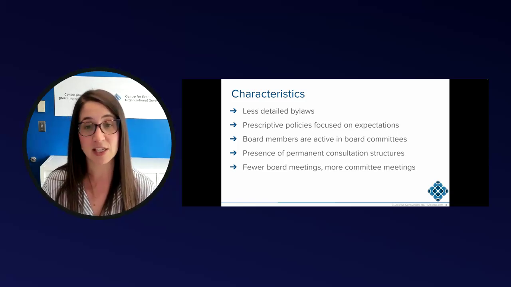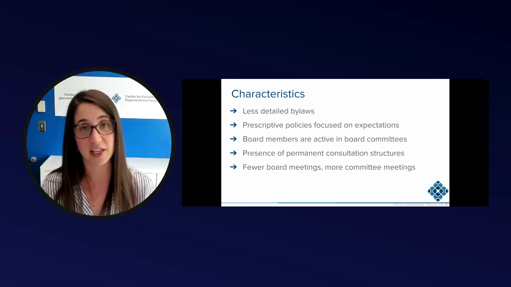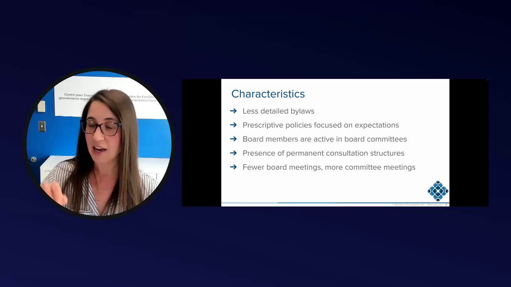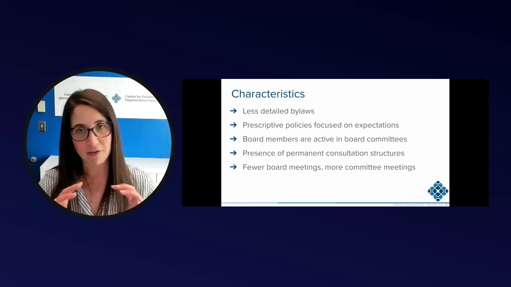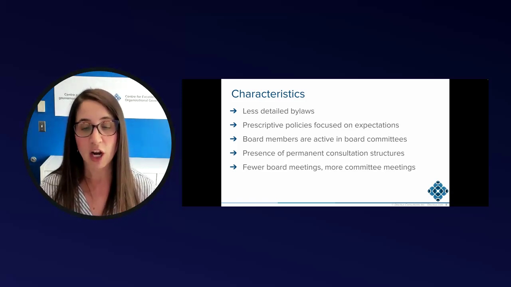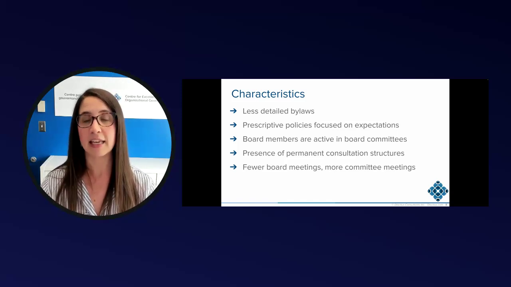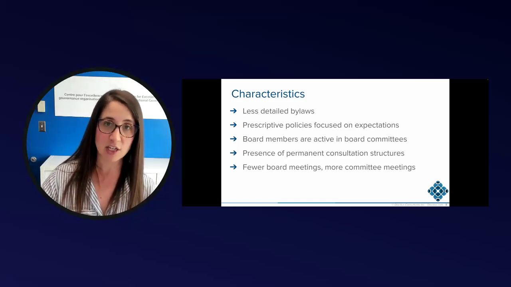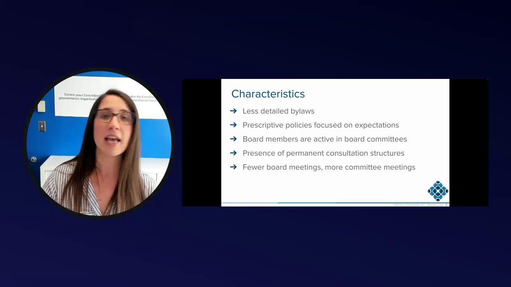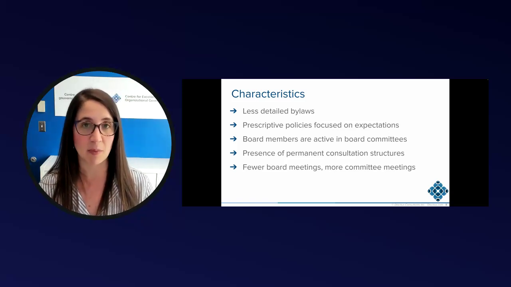There's usually presence of permanent consultation structures in these organizations. So I like to describe it as a feedback loop. So structured ways of soliciting and getting feedback on satisfaction, needs, and tendencies in our markets.